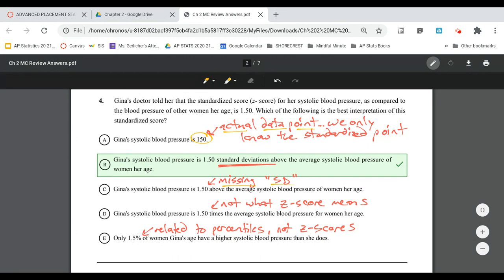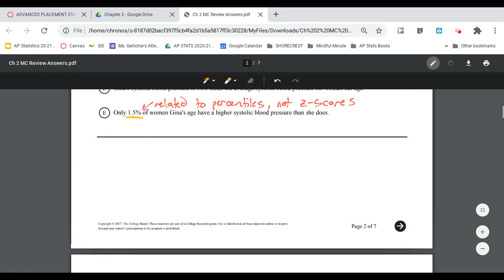C is missing the word standard deviation. It's not literally 1.5. It's 1.5 standard deviations. This is just not what z-score means. And then E, that's related to percentiles. Technically, you'd have to go 1 minus that, or 100% minus 1.5 to get a percentile. But that isn't a z-score. That's a percentile. Okay, so the answer is B.